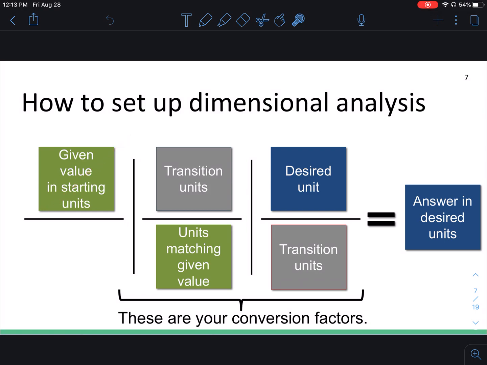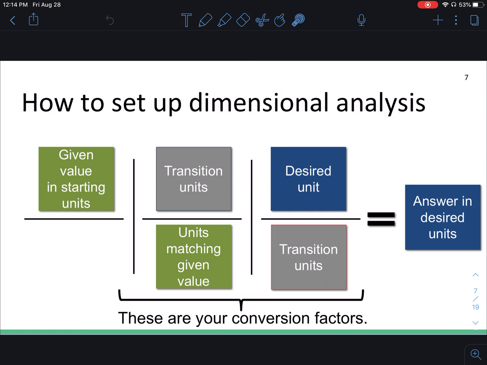And once you cancel out the first units, then you just restart that same process by canceling out your next units until you get your desired units, right? And no matter how you are canceling units out, whether it is with the given on top and then you cancel it out with those units on the bottom or in the denominator, you are always canceling units out with a unit on top and on bottom.